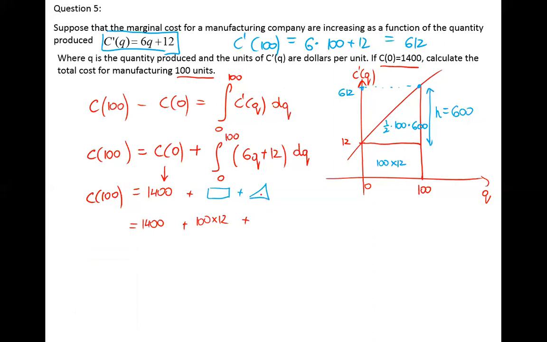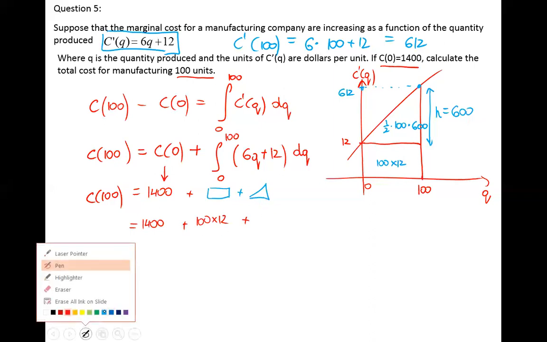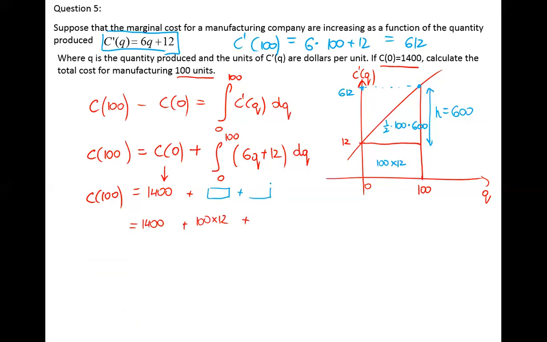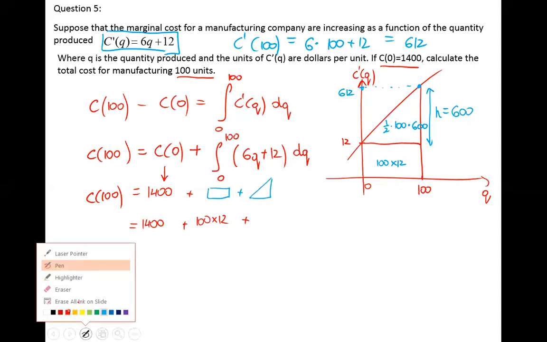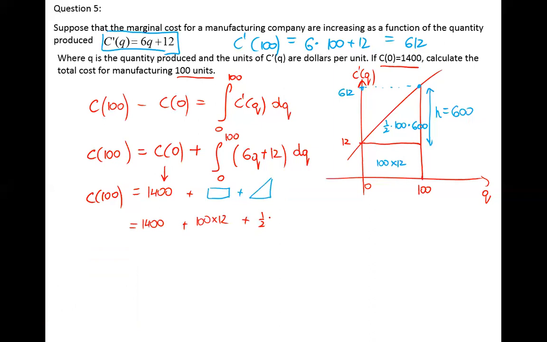The area of the triangle is 1/2 times 100 times 600. That's 12 and 2 zeros, and 1/2 of 6 is 3, so it's 300 and another 2 zeros. Makes sense? Because always when we multiply by 100, we're adding 2 zeros.